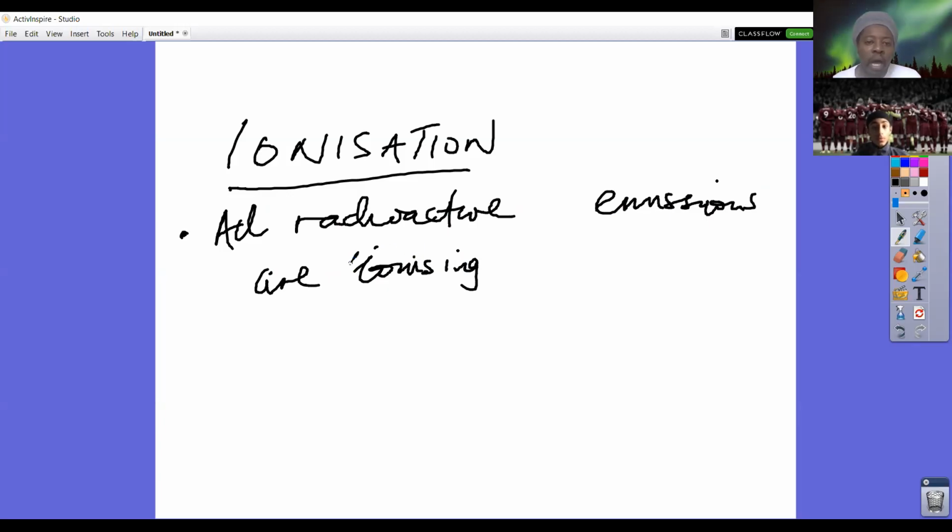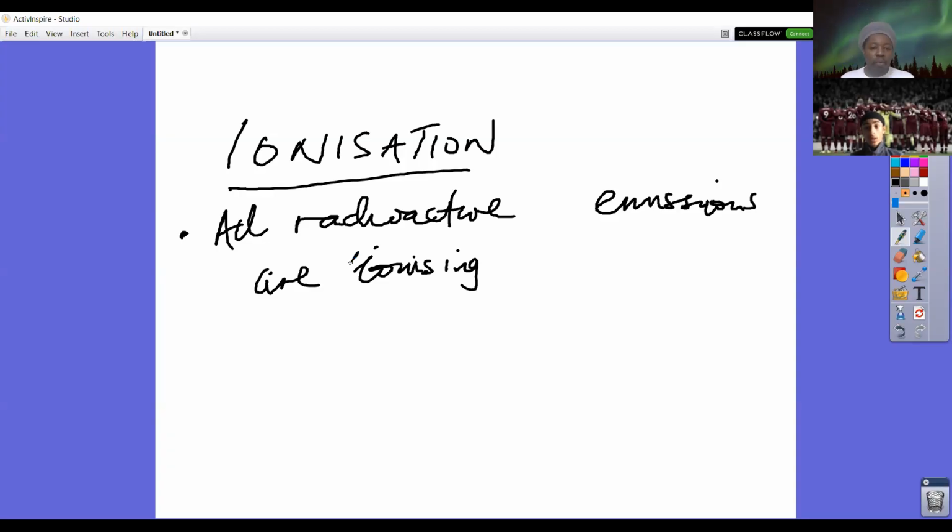Now, what do we mean by ionizing? What do they do? Is it the decay bit? Not quite. What are ions, by the way? Remember that definition we had of ions? It's where an atom has lost or gained an electron. Correct. So when we say that they have this ionizing ability, we mean they have the ability to knock electrons off atoms.